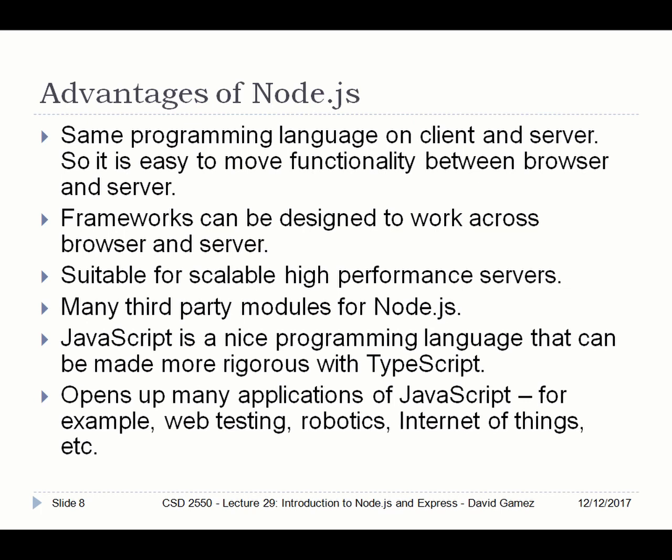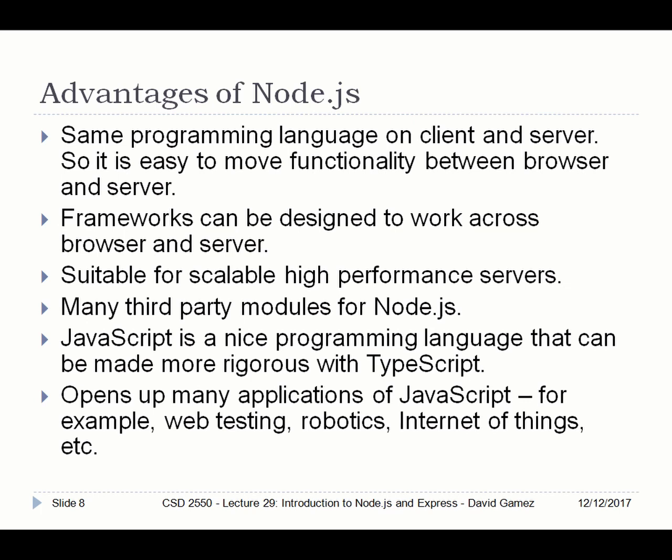So you can easily move functionality between browser and server if it's written in the same programming language, and that's the great advantage of using Node. And also a number of frameworks exist that can work across browser and server. Again, it's all pure JavaScript, so where you put the functionality can be an engineering choice rather than being constrained by the programming language.